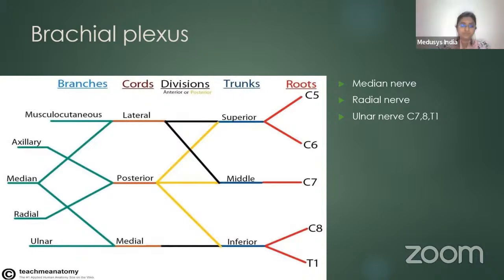All three posterior divisions continue as the posterior cord, and the inferior trunk's anterior division continues as the medial cord. Then these have branches. Before that, there are some branches which arise from the roots and from the trunks. Divisions do not give off any branches.